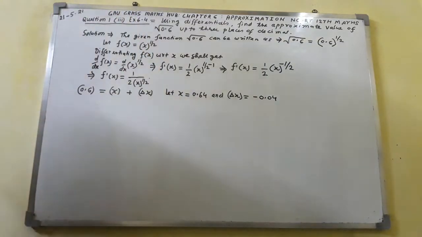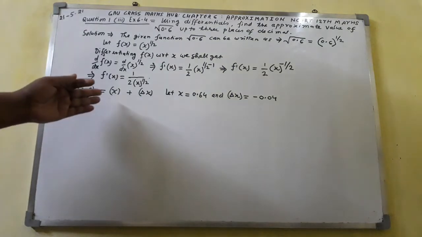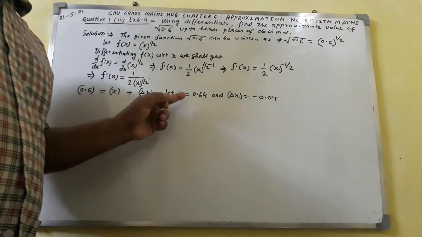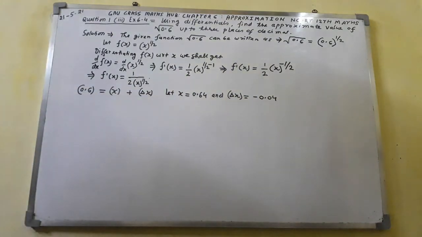Now you can ask here the question, from which source you have got the value of x equal to 0.64. From where you have got.